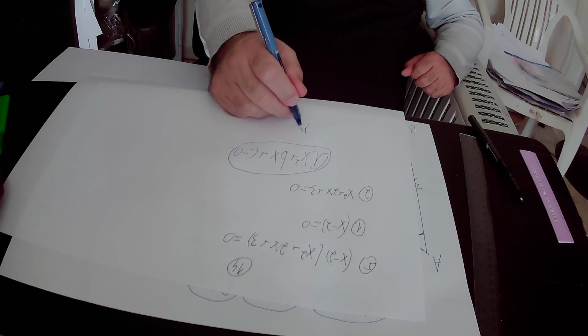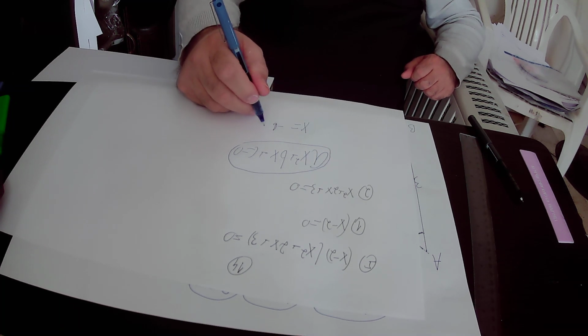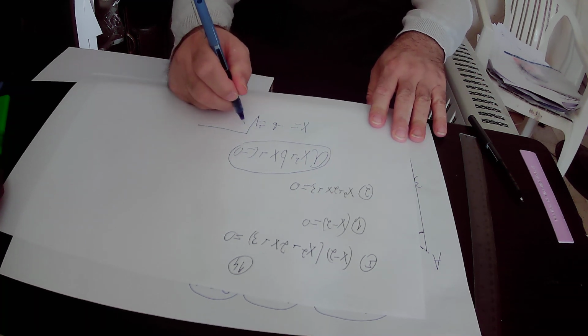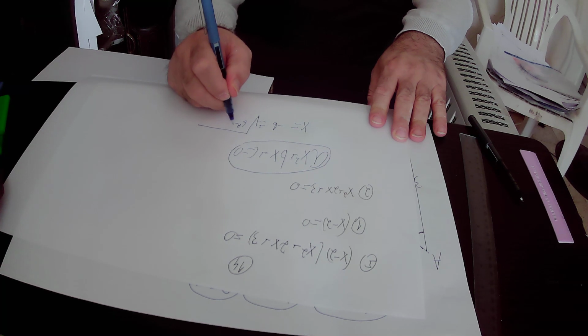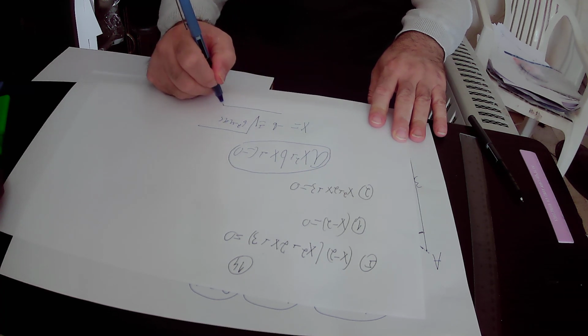Actually x equals to minus b plus minus square root of b squared minus 4 times a times c over 2a.